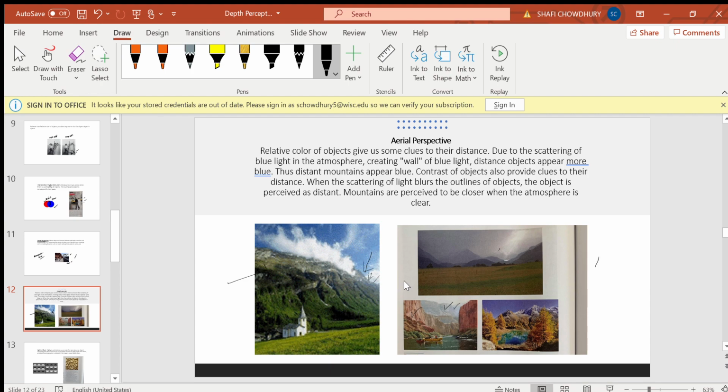You know that the wavelength of blue light is short, okay, and they can scatter more. So you can see the bluish sky, and distant mountains appear blue.